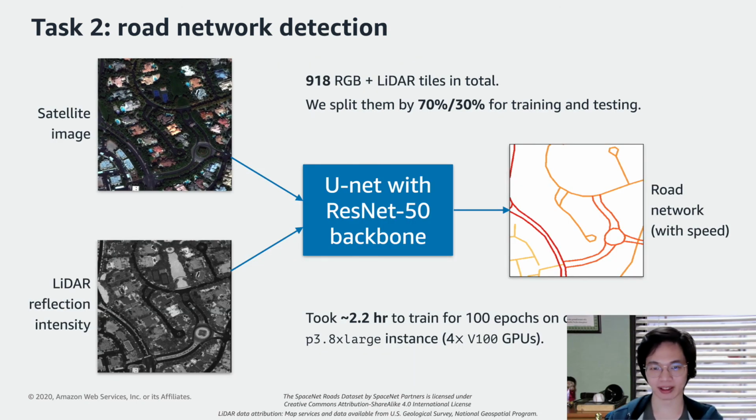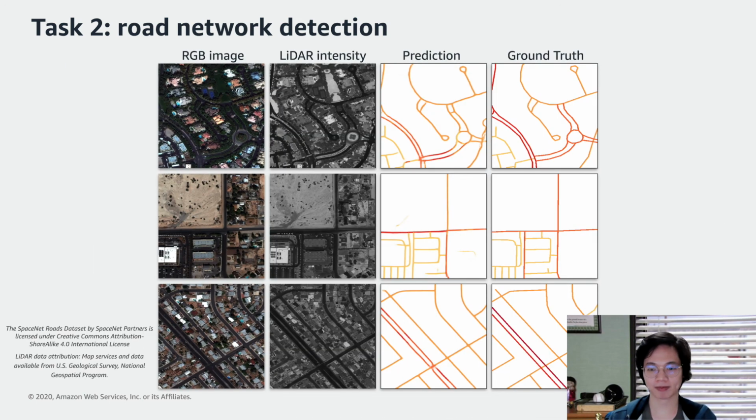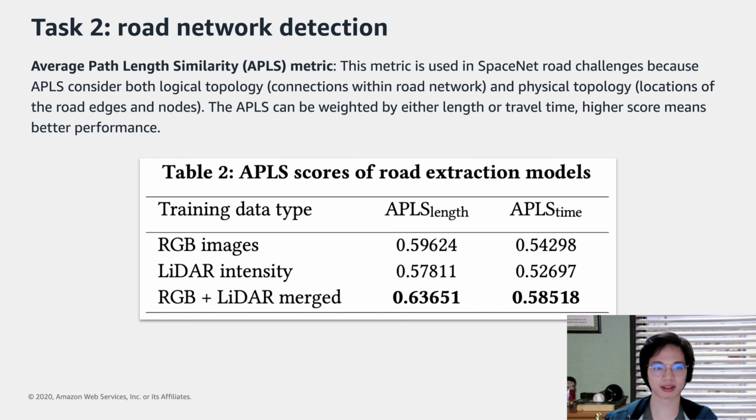And then our network model used in this problem is UNet with ResNet 50 backbone. And it took about 2.2 hours to train for 100 epochs on a P3 8xlarge instance. Here are some examples you've seen in the full notebook and also in the paper. So we used the average path length similarity, the APLS metric score.